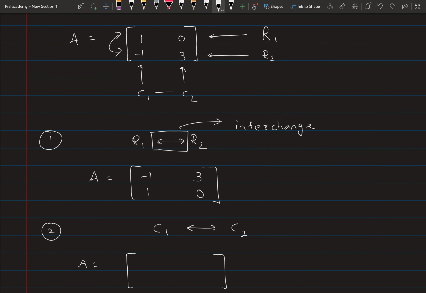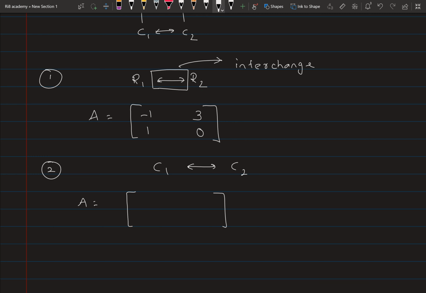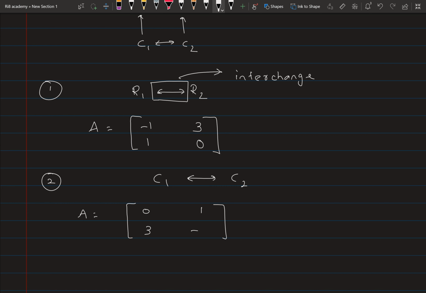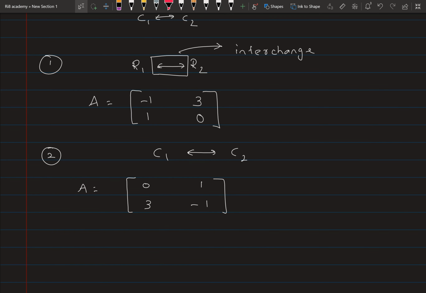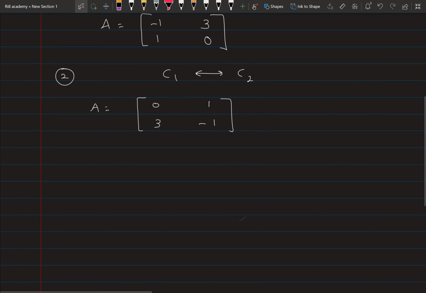Now what we see here: C2 is placed in the place of C1, so it's 0, 3 and 1, -1. So this is the answer of column interchanging. That is pretty clear.